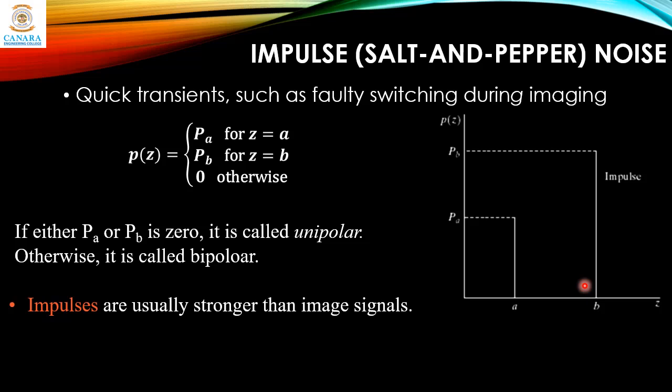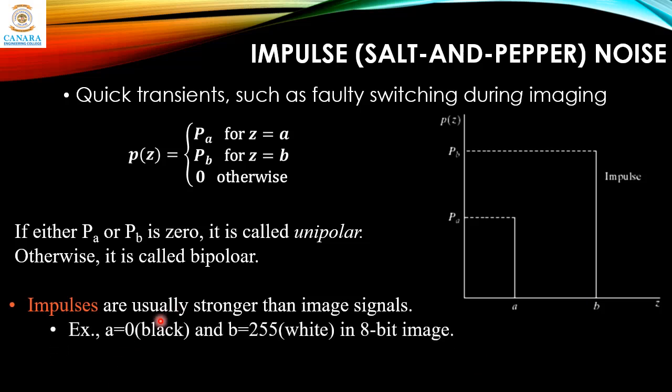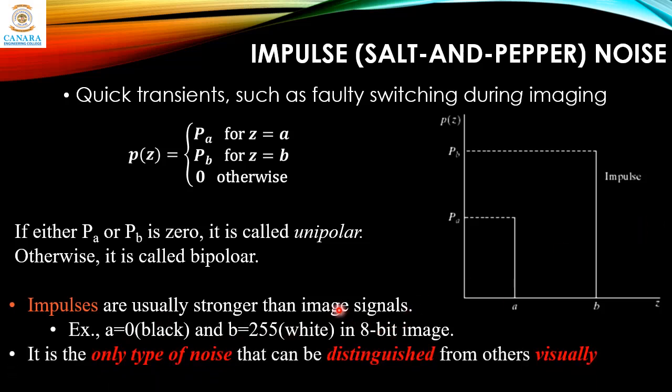Impulses are usually stronger than the image signals in intensities, but because we are using 8 bits for grayscale images, the value can be either a maximum of 255 or a minimum of 0. 0 means black and 255 means white, and it is the only type of noise that can be distinguished from others visually. If there is salt and pepper noise, a human observer can tell straight away by looking at the image itself, because you can see the black and white dots on the image.